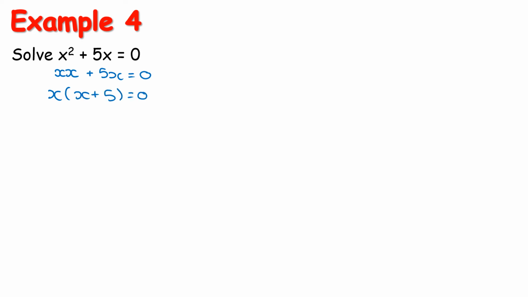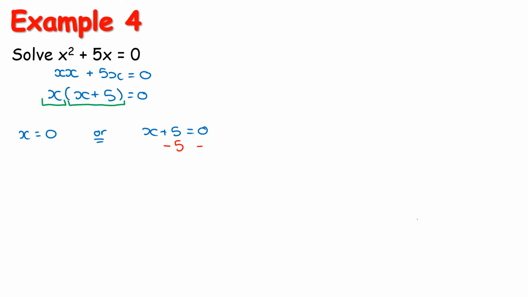So now I have two factors. I have x and I have x plus 5. So using the zero product property, we can say that either x equals 0 or x plus 5 equals 0. Now, x equals 0 is lovely and easy because that's just the answer.